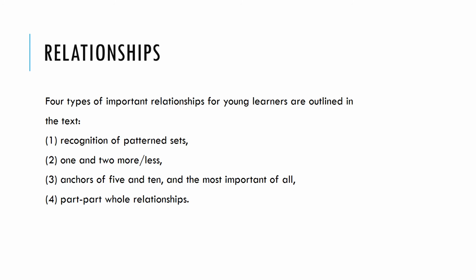So you're really going to have to know how to count forwards and backwards, either with some manipulatives or with a number line. Using the anchor numbers of 5 and 10. So being able to start from 5 or start from 10 or visualize those. And the part-whole relationships, which leads us ultimately to our operations: addition, subtraction, multiplication, and division.